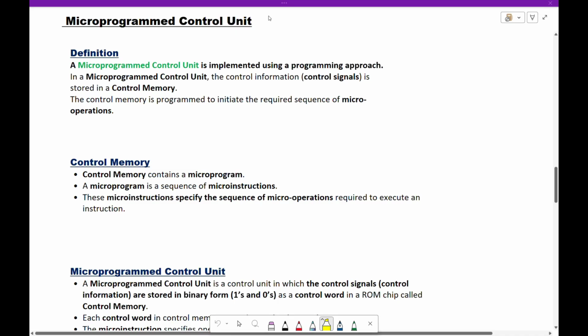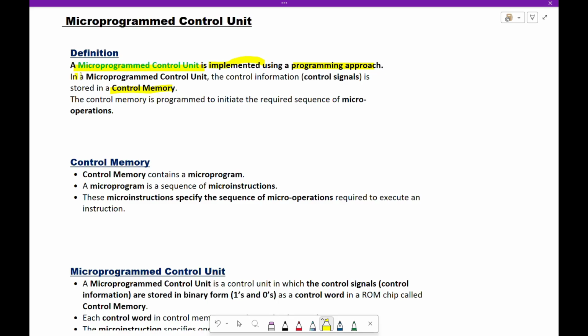The memory is called control memory. A microprogrammed control unit is implemented using a programming approach, executing small microinstructions to generate control signals.